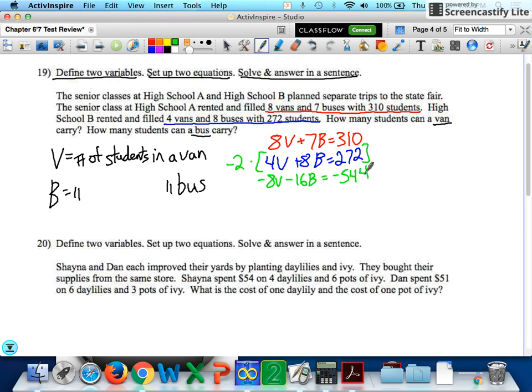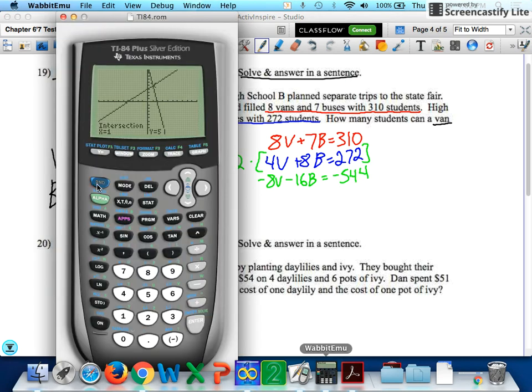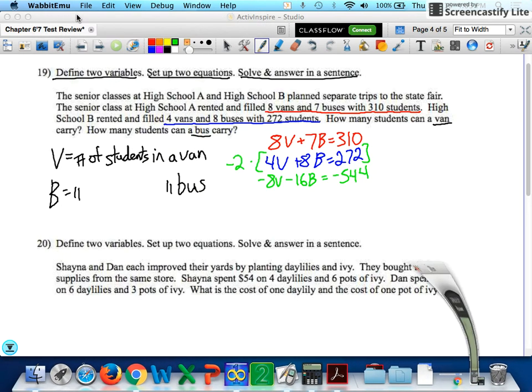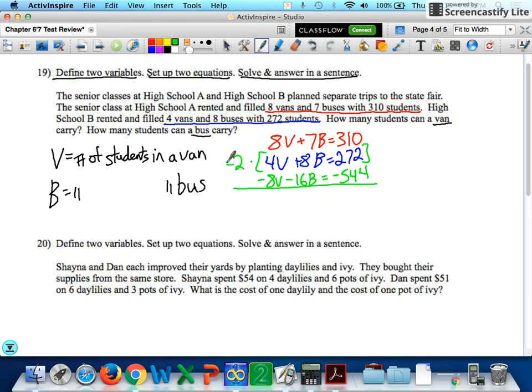-544. That's calculator work. Let's double check me, okay? -2 times 272, -544. Put that away. Now I'm ready to run elimination. Top equation, bottom equation. These are going to cancel out.